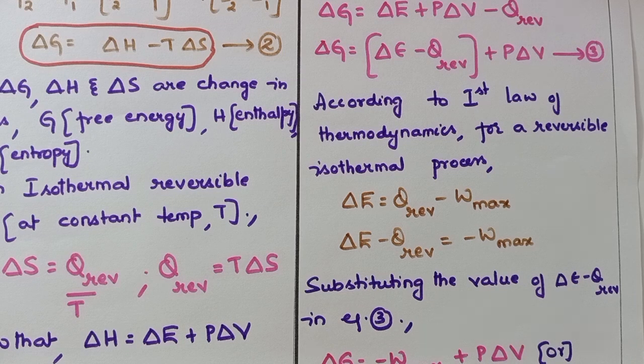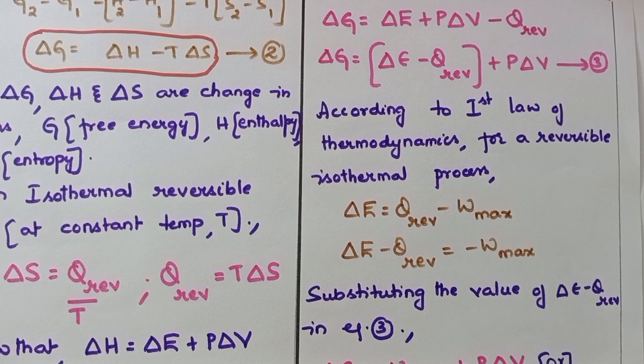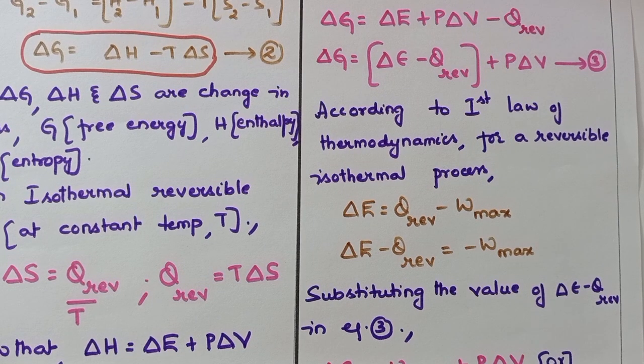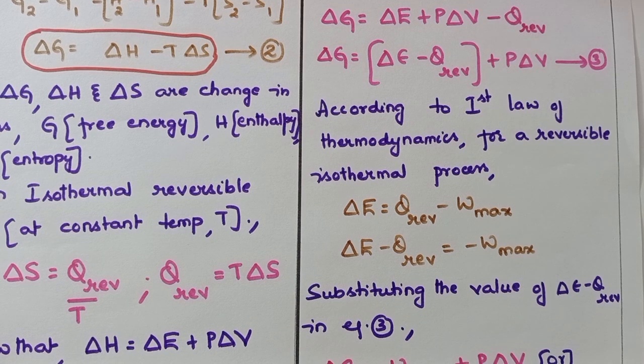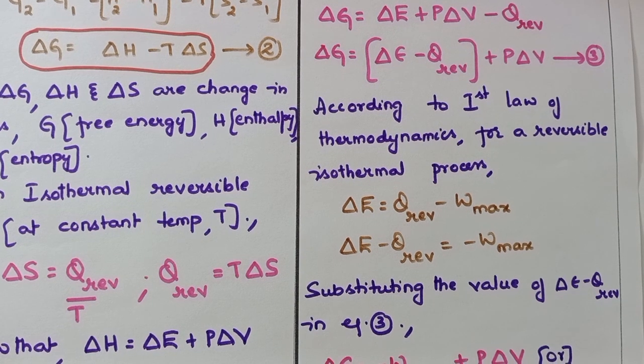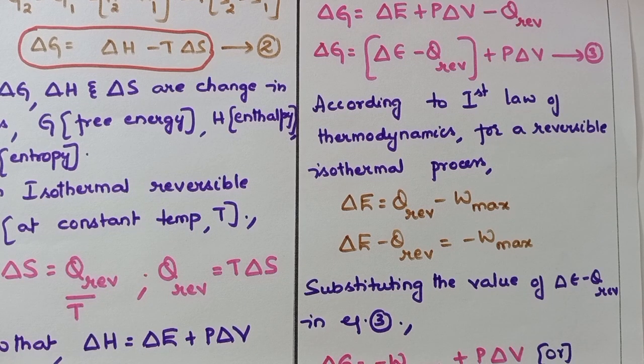Now, bring Q reversible to the left side. Delta E minus Q reversible is equal to minus W max. So what can we do with this value? We can substitute in equation 3. What is equation 3? Delta G is equal to delta E minus Q reversible. From the first law of thermodynamics, for a reversible isothermal process, we got delta E minus Q reversible is equal to minus W max.